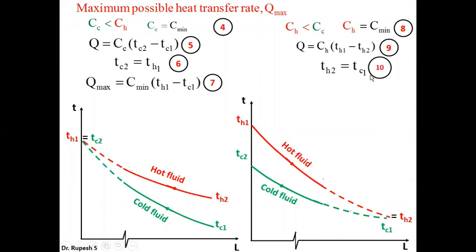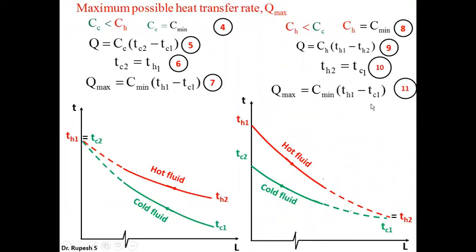Now, for a heat exchanger with infinite length, Q becomes Qmax when Th2 becomes Tc1. So from equation 9 you can write maximum heat transfer rate Qmax is equal to C minimum into Th1 minus Tc1. Put it as equation number 11.